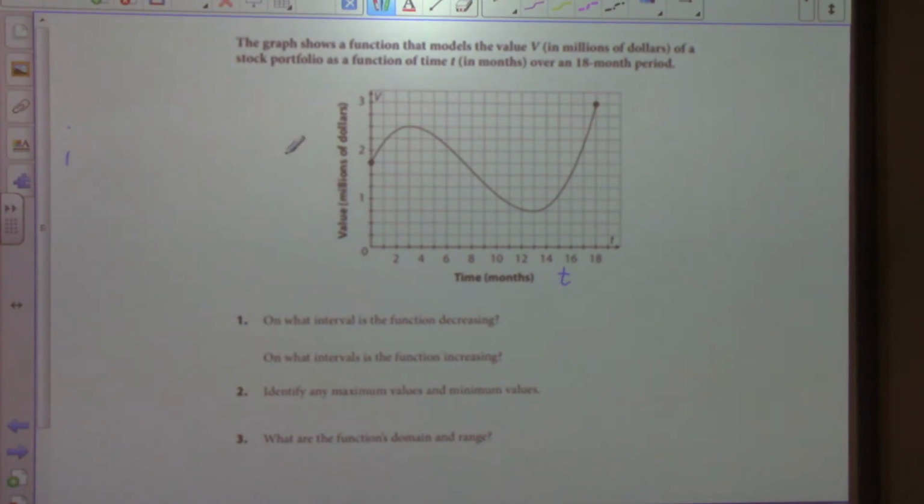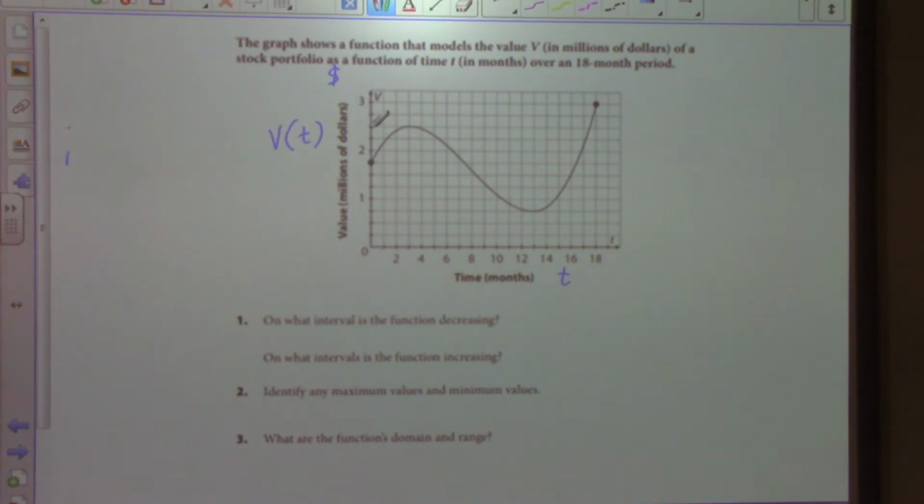Dollars, D. You could do millions, you could do dollars, you could put dollar symbols, right? Dollars, like millions of dollars. But typically what you'll see is function notation, where you'll have the letter here, but then you're going to go ahead and put parentheses, inside the parentheses, the independent variable. So you have t and v of t, right?